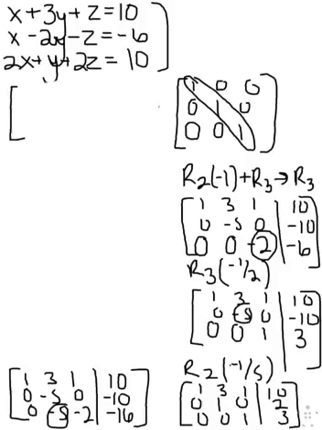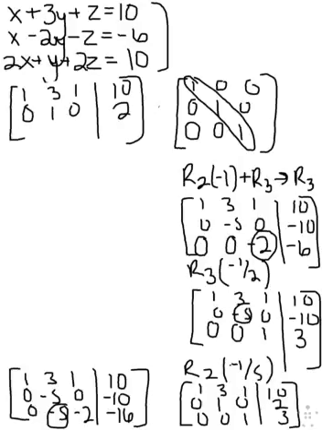So I'm just going to rewrite that. We have 1, 3, 1, 10, 0, 1, 0, 2, and 0, 0, 1, 3.